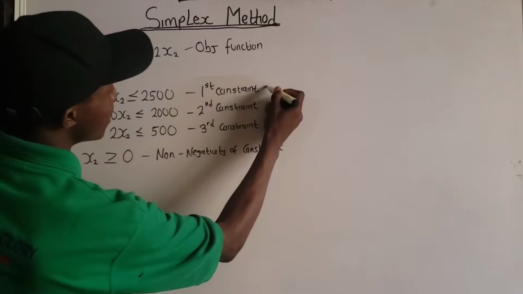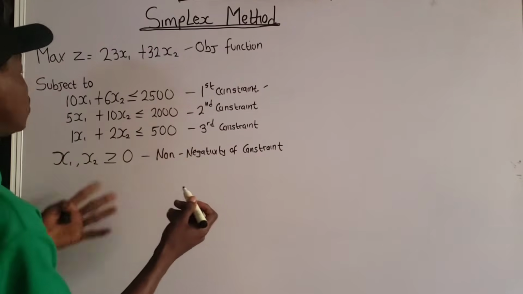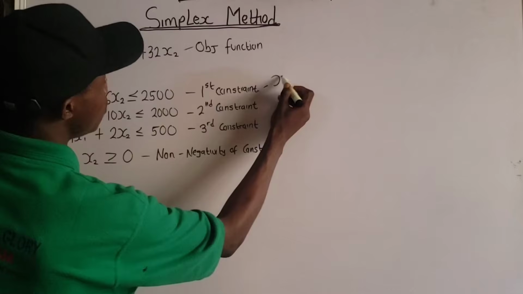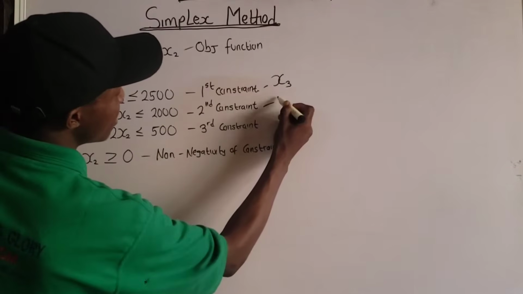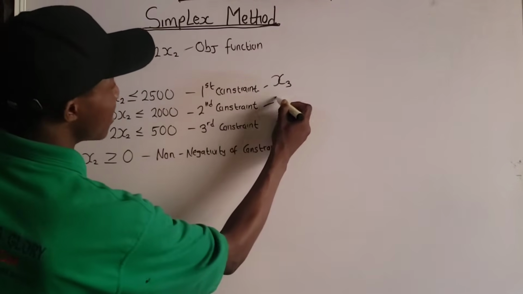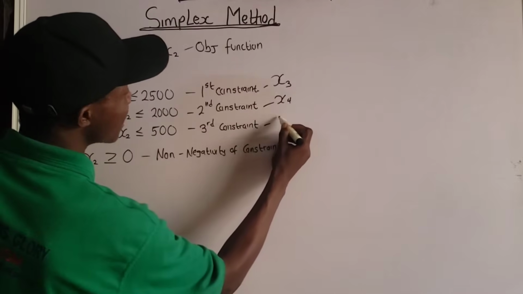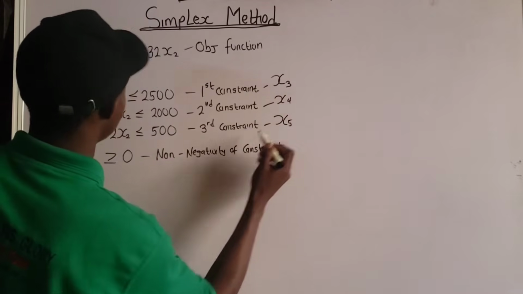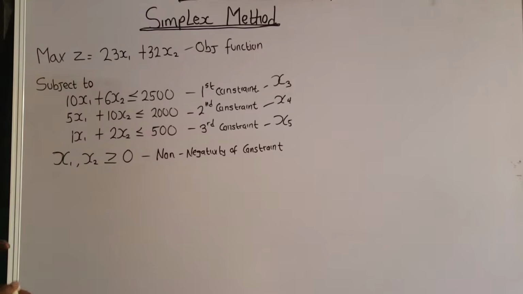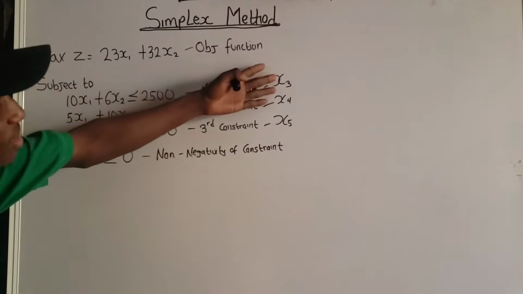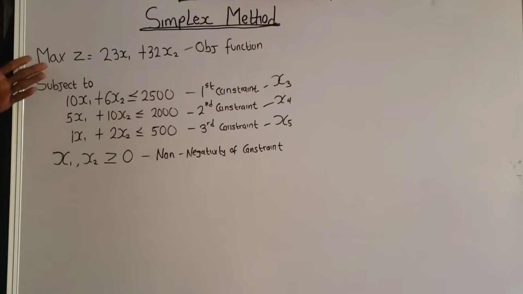So for constraint 1, you can use any letter, but I'm going to use x3. x3 will go for constraint 1, x4 for constraint 2, and x5 for constraint 3. Okay. These are the slack variable that I'm going to be using. So let us change the objective function to standard objective function.